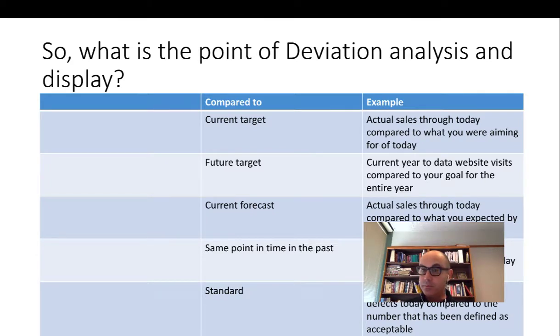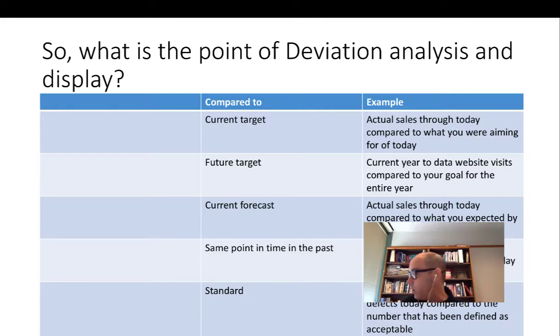So again, how do we display deviation analysis? The idea here is comparing to the current target, where actual sell-through today is compared to what we are aiming for today, a future target, a current forecast, the same point in time in the past, and a standard.